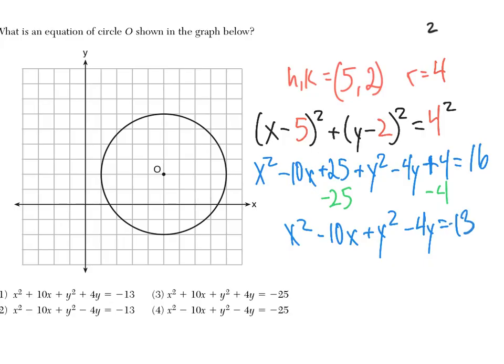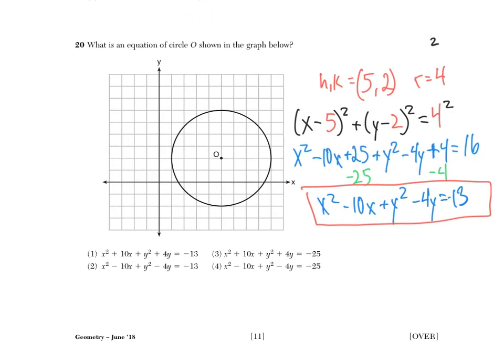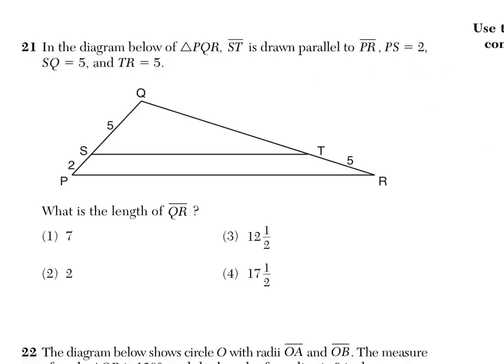Is that an option? Let's take a look. It certainly is. It is option number 2. Great. If you are experiencing a little bit of confusion about this step, just review how to FOIL binomials, how to multiply binomials, and you should be good.